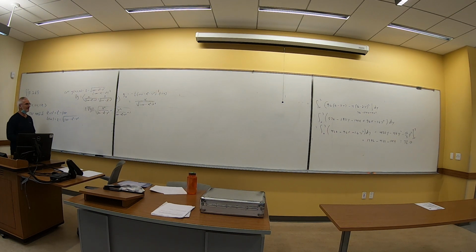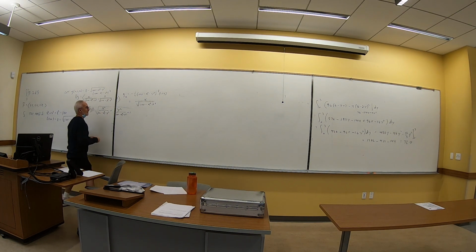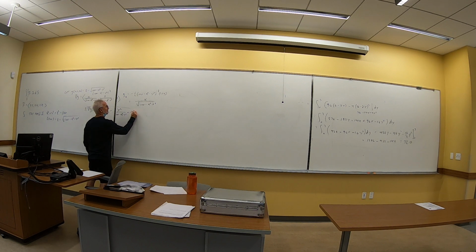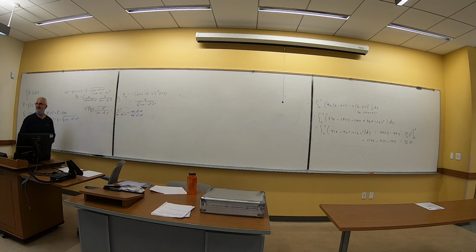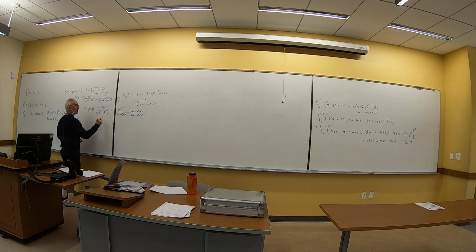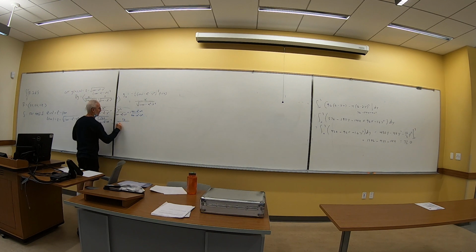This is better or worse? Well, can I replace 1 with 100 minus x squared minus y squared over 100? Can I do that? And if I do that, what happens to the numerator? Well, the x squared and y squared cancel. So this ends up being the square root of 100 over 100 minus x squared minus y squared, or simply 10 over the square root.